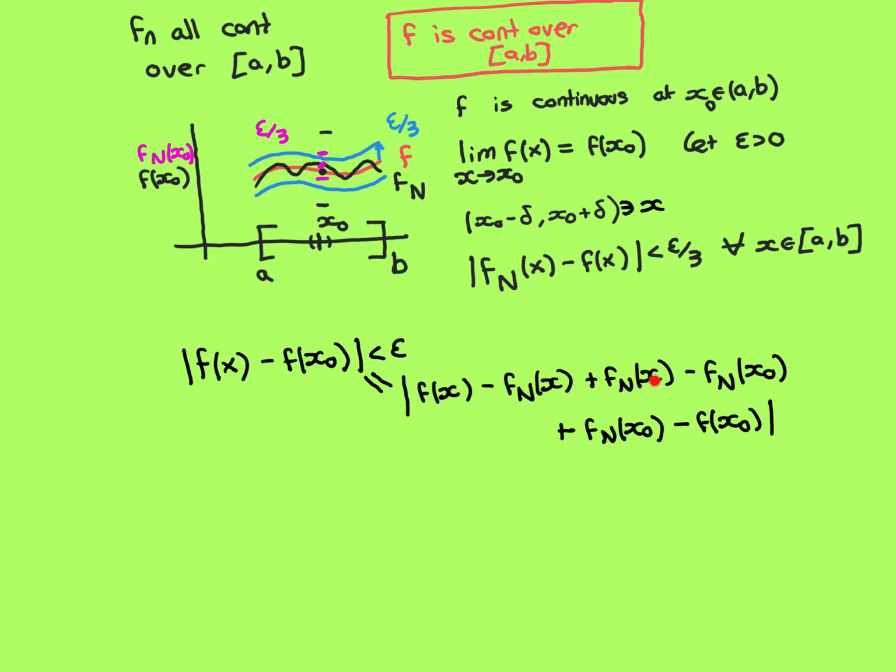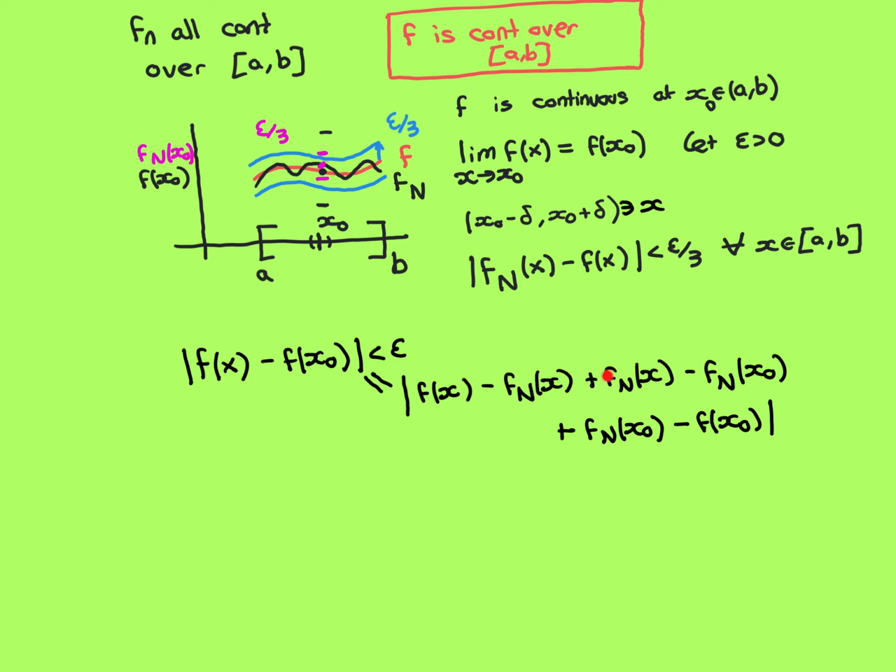Now let's look at this next bit that I've got here, f big N evaluated at x minus f big N evaluated at x0. That is also something that if I just had the modulus sign around that bit, I know that that is less than epsilon over 3. Again, because x is in my delta interval, and remember that delta interval was selected using the continuity of f big N. So it was a delta interval that was entirely mapped into the epsilon over 3 interval around f big N evaluated at x0.